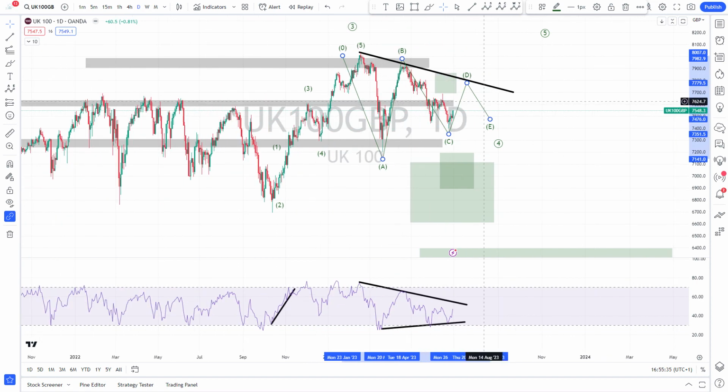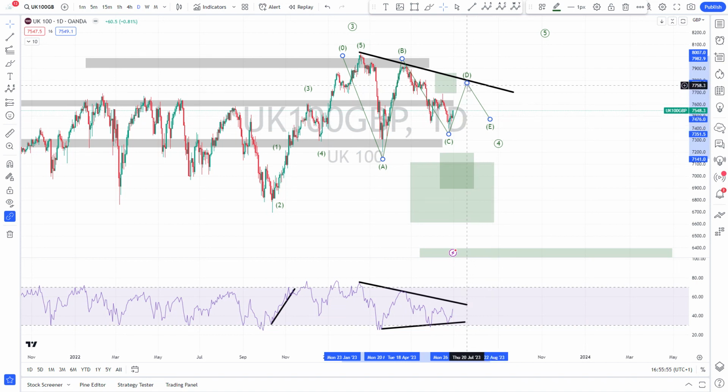So again, if this plays out, as an investor there is not much that you can do. If we have more data and it looks like we are making this final wave E to the downside, then we can consider buying again as an investor.